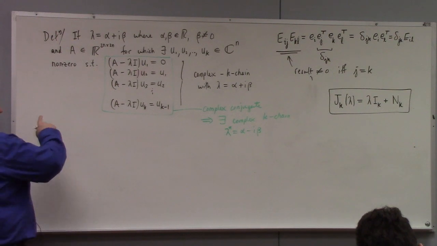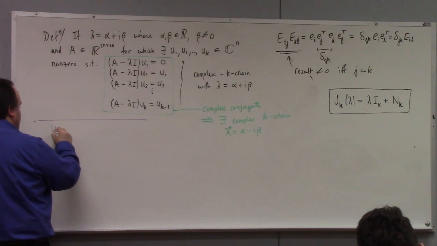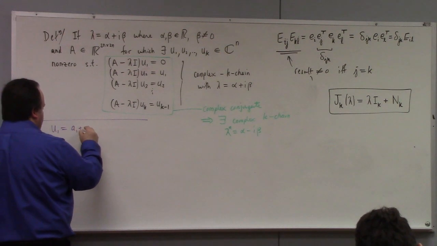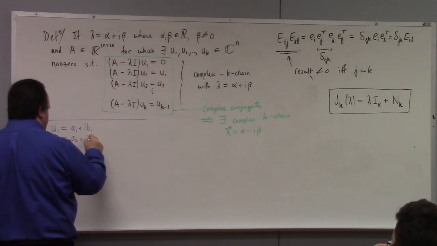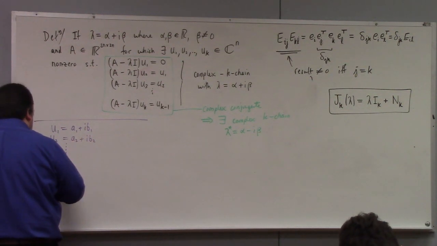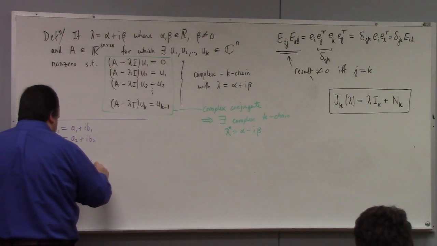All right, so let's bust out the real and imaginary notation. So like u1 is a1 plus i b1, u2 is a2 plus i b2, uk is ak plus i bk.